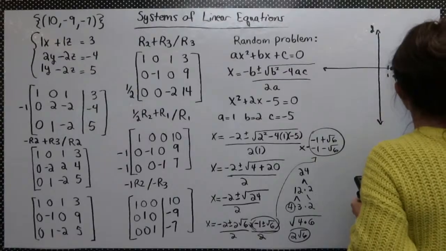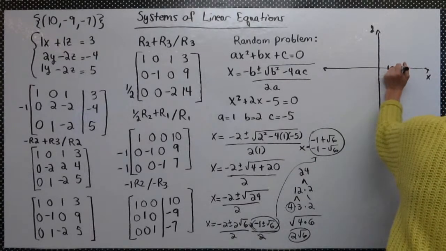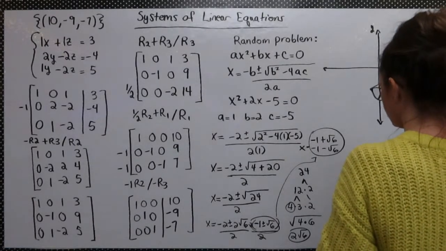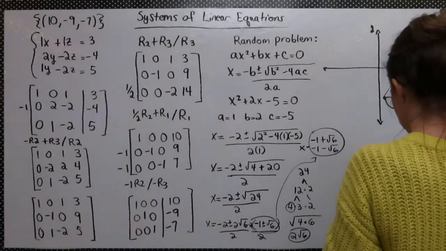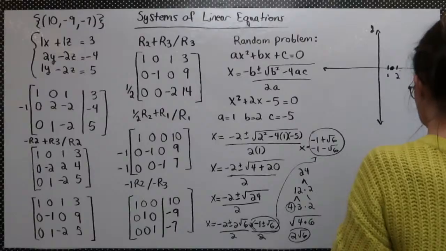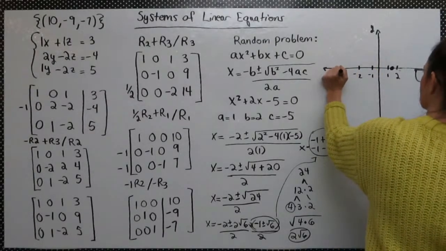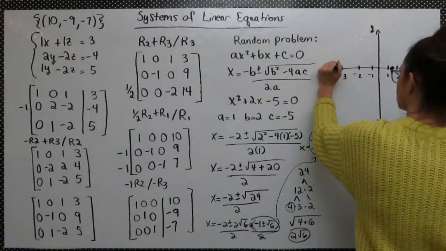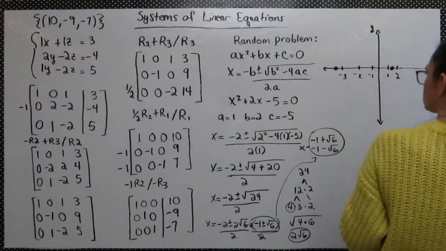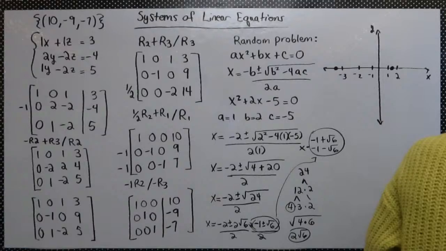Let's get that over just a little bit. And then we have minus radical 6 minus 1, which is -3.4. So we'll have, let's see, -1, -2, -3. It's on the other side of -3 in here somewhere. So here's my zeros. If I wanted to find my y-intercept, my y-intercept's when x is 0.